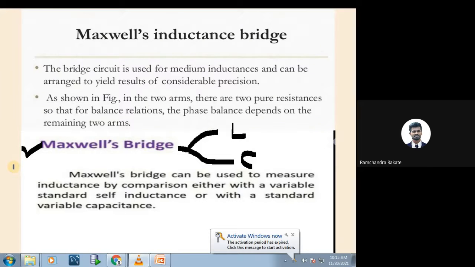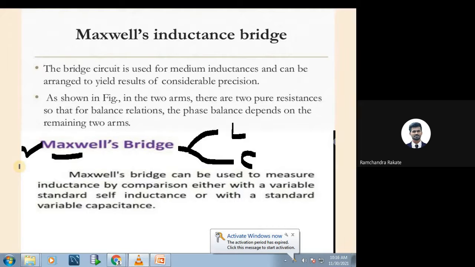Any circuit which is used to calculate unknown resistance, unknown capacitance, unknown inductance, frequency, any mutual inductance, which will operate on AC source, will come under the category of AC bridge. And when we are referring to this bridge on the principle of inductance, we will call it Maxwell bridge.